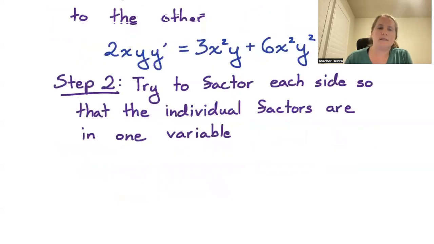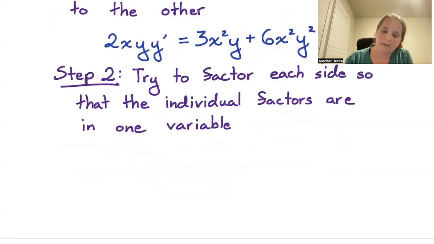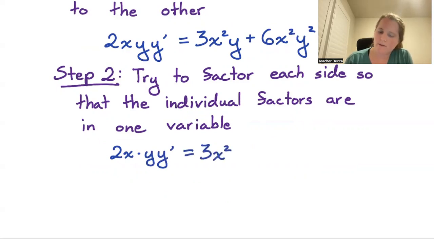So our left-hand side is fully factored already. We have a 2x times y prime. The right-hand side, we can go ahead and factor out a 3x squared. We are left with a y plus 2y squared.